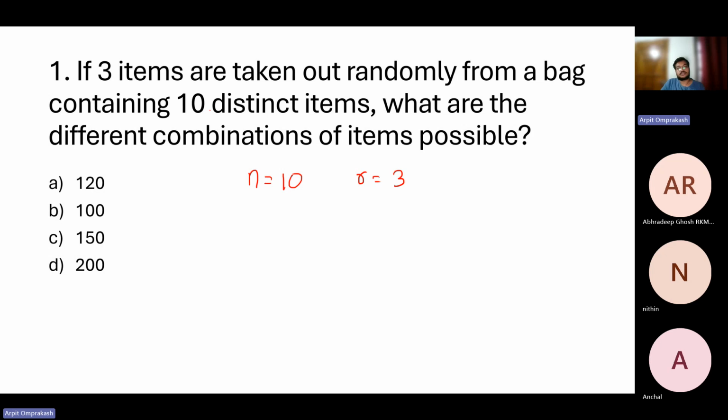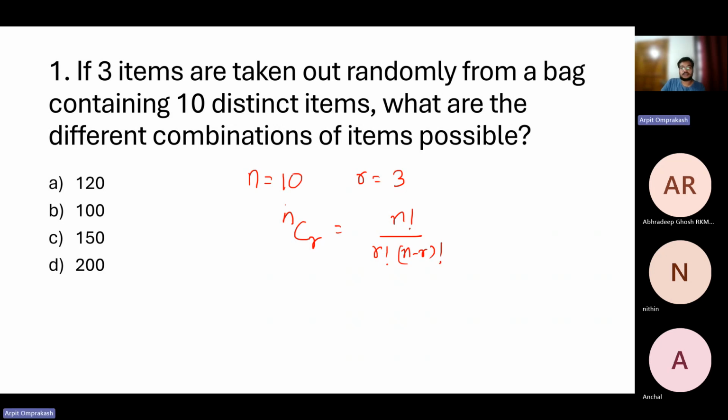Since we don't care about the ordering, because we are talking about combinations, we'll use the formula nCr, which is n factorial divided by r factorial into n minus r factorial.